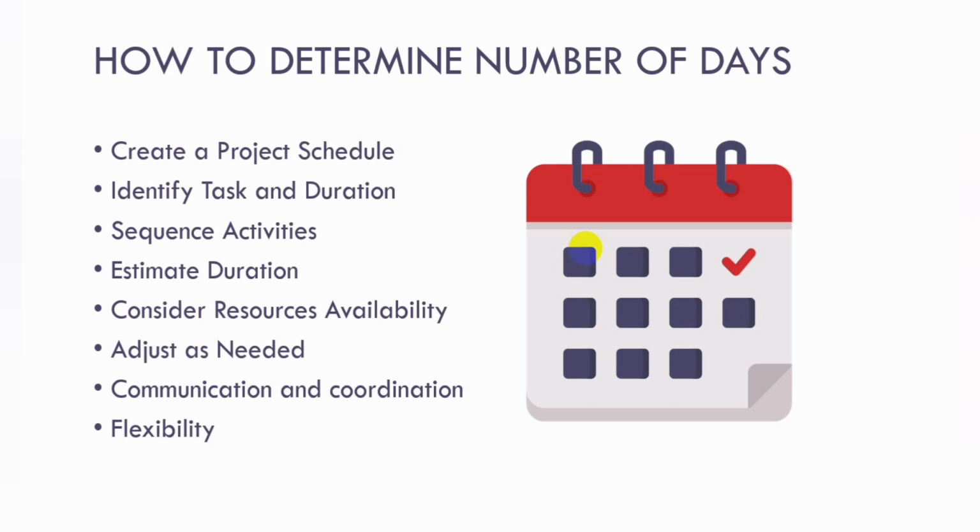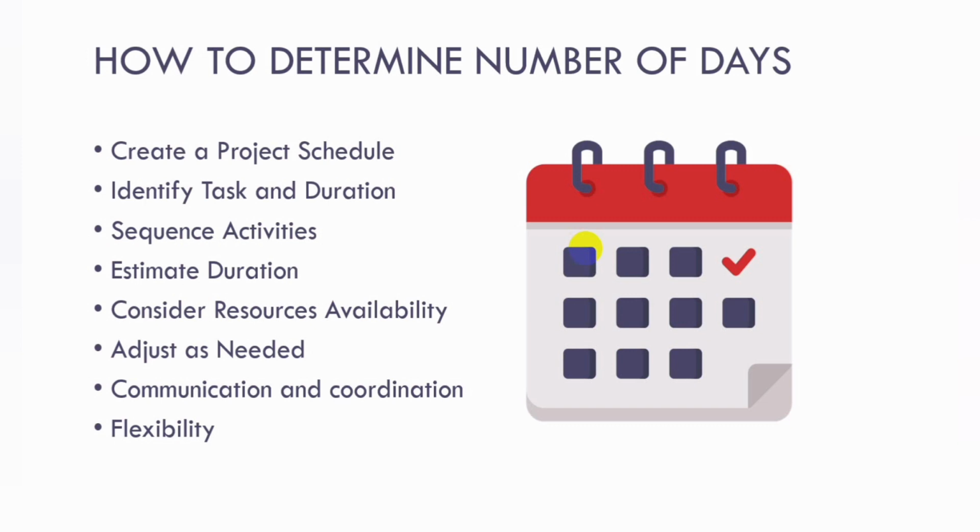And also you have to determine the sequence of activities, the sequence in which tasks and activities need to be completed. Some tasks may be dependent on others and must be completed in a specific order to avoid delays or rework. This has actually been solved by the template.